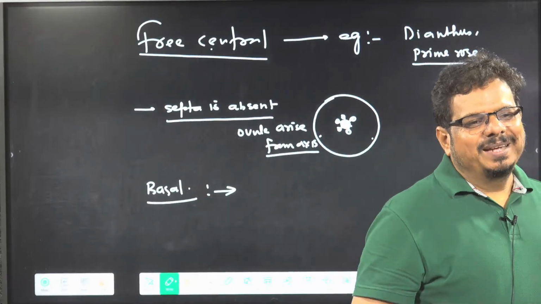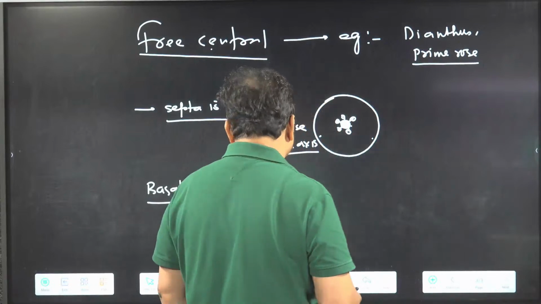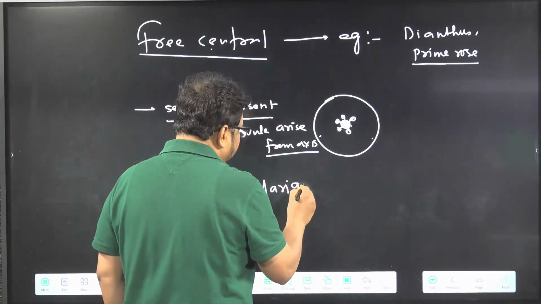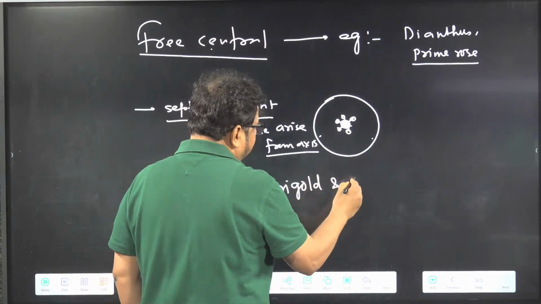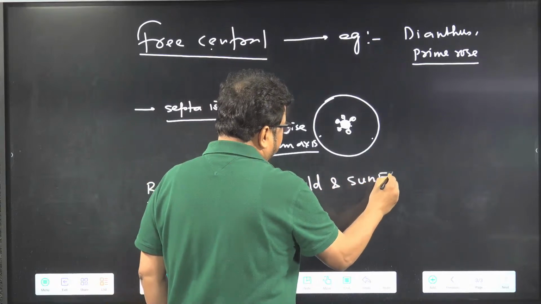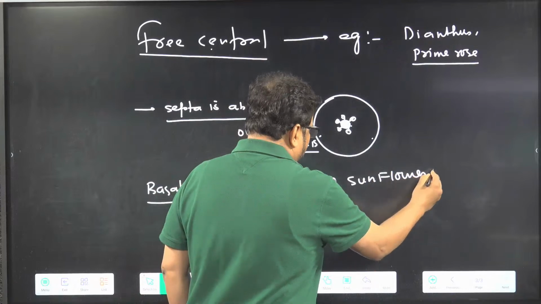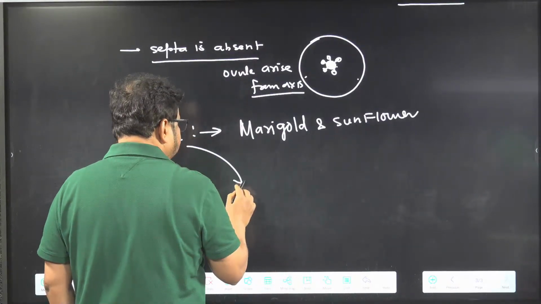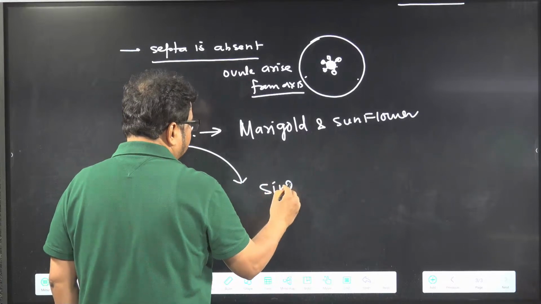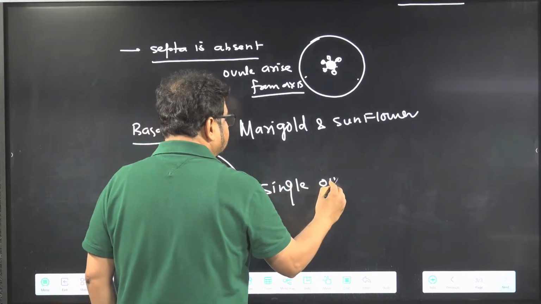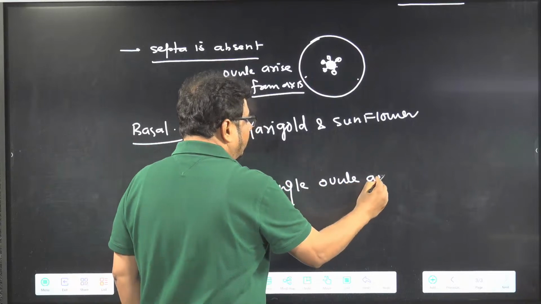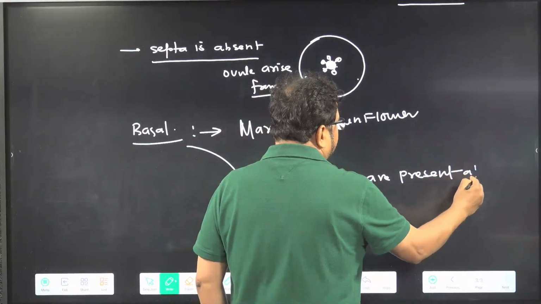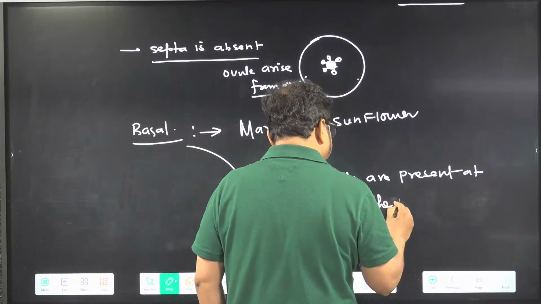Marigold and sunflower. Beautiful answer. Marigold and sunflower. Very good. So what are the key character points in basal placentation? Single ovule is present at the base of the ovary.